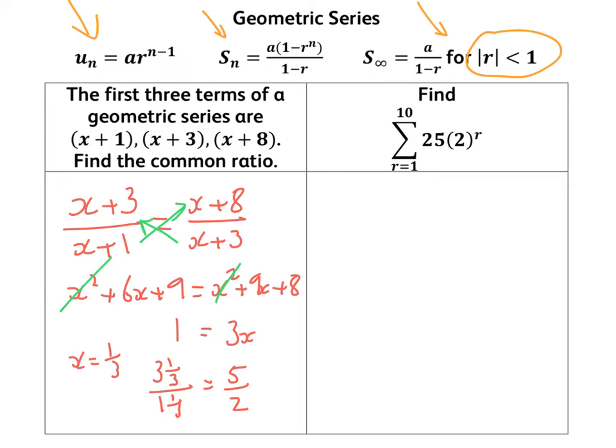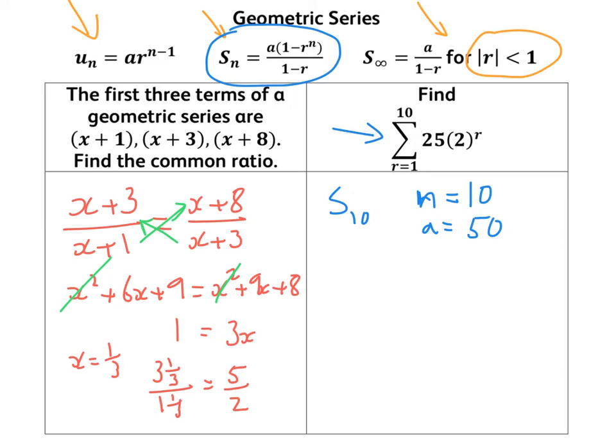Now then, I've done one of these examples with this terminology because people aren't always comfortable with it. It says I want the sum of the first 10 terms, so I'm going to be using this formula, S10. n is 10. a is 25 times 2 to the power 1, which is 50.